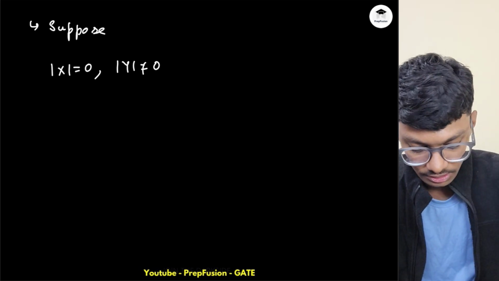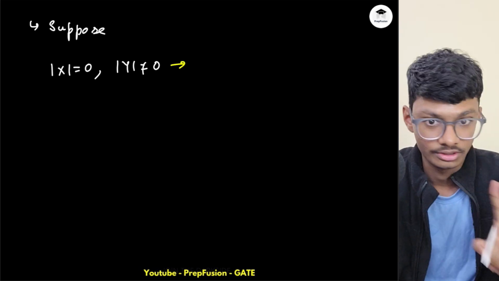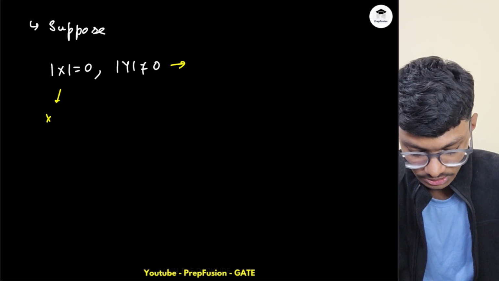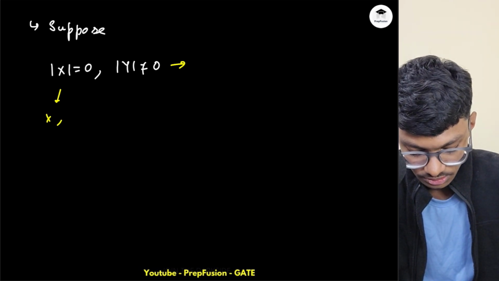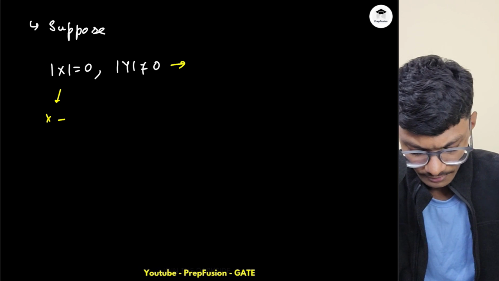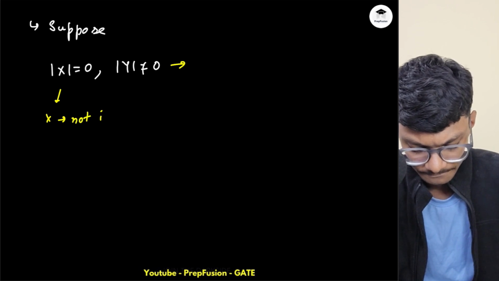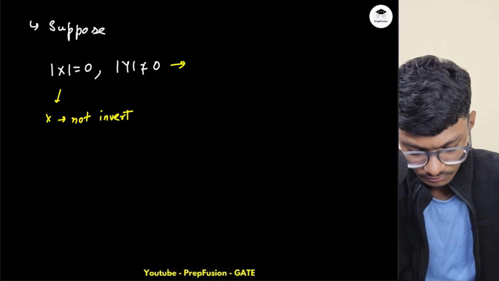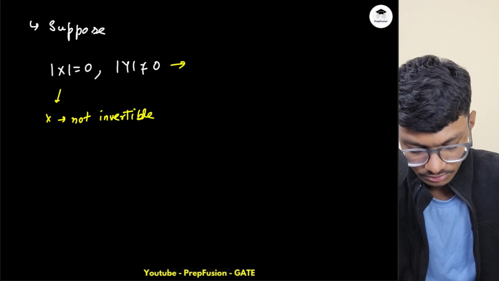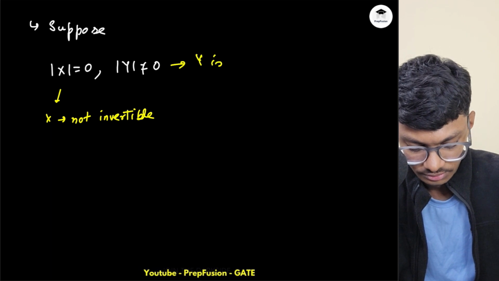That means that Y is invertible, X is not invertible. So X is not invertible and Y is invertible.